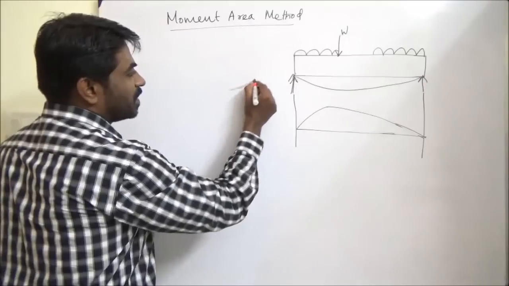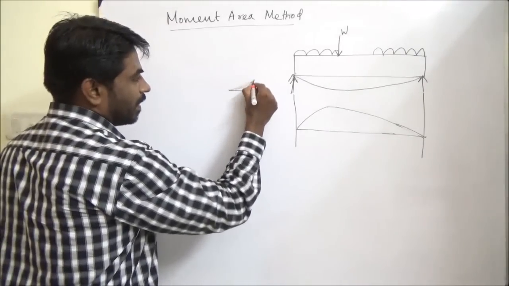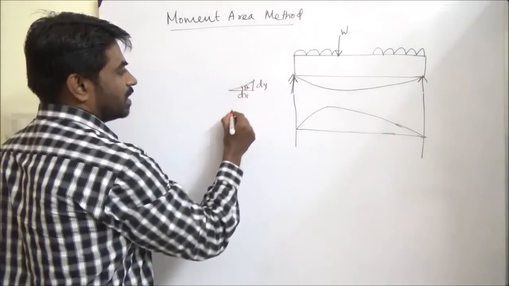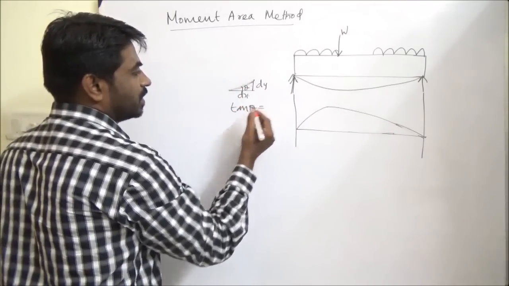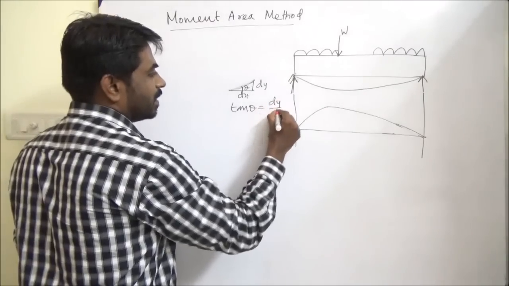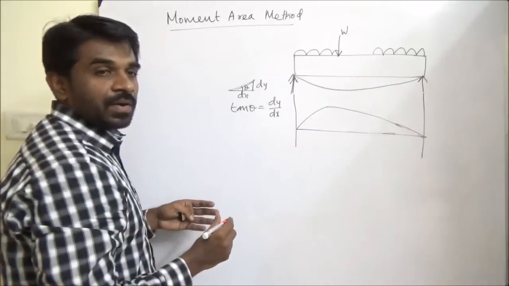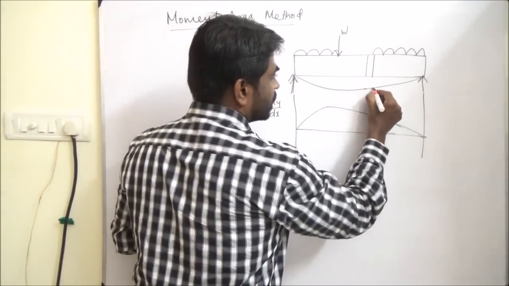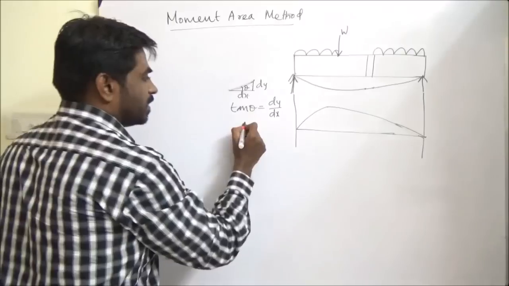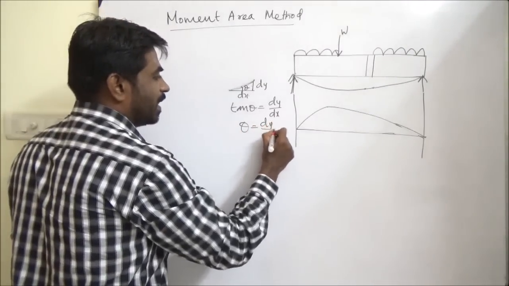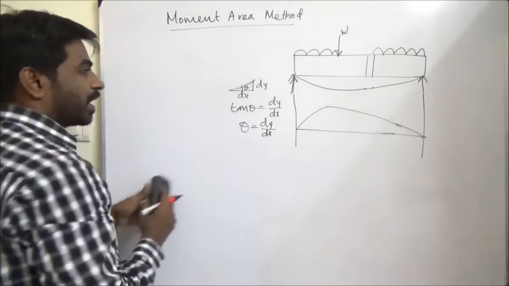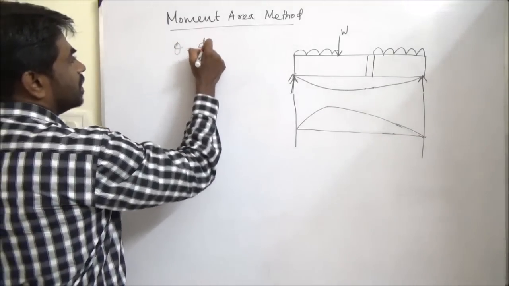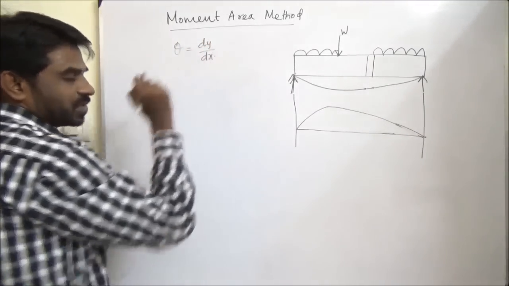It could be assumed as a straight line, and then this is our dy and dx. This theta, tan theta equal to dy by dx. So for a small angle, this is the slope, so theta will be dy by dx. Okay, so we know this already. So theta is dy by dx.